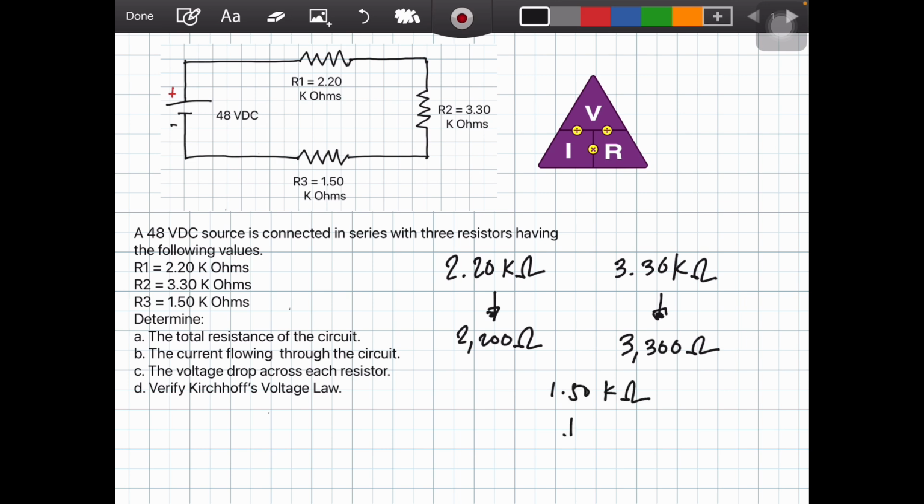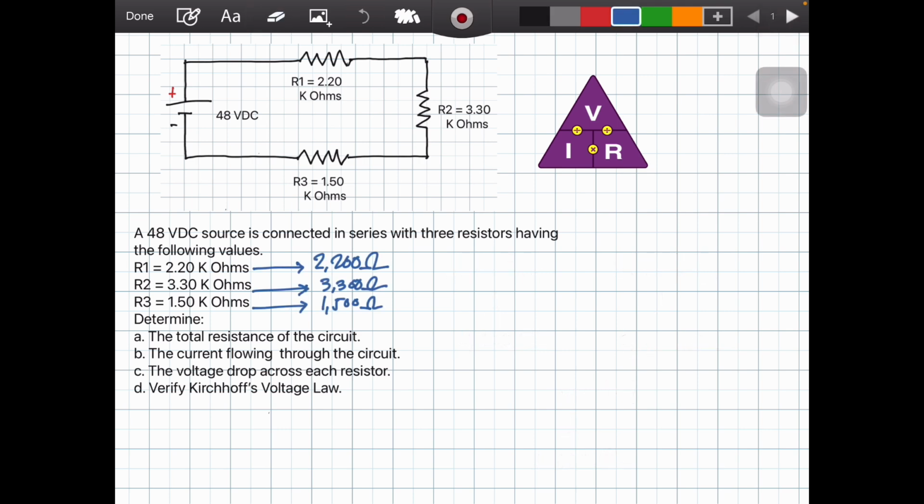If we convert that into ohms, K is thousands, that is 1,500 ohms already. So we write this one here. We have converted the 3 resistors. Now we need to calculate the total resistance of the circuit.